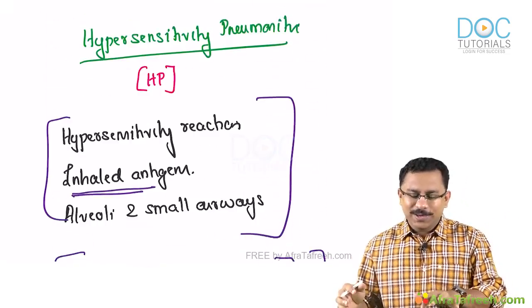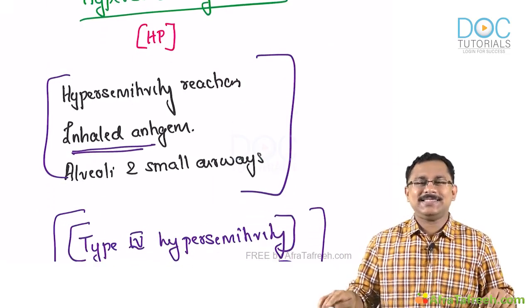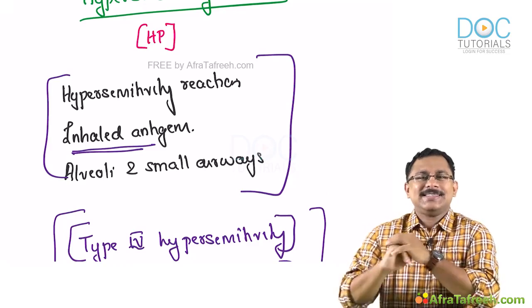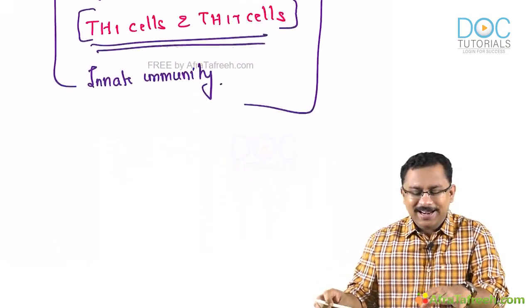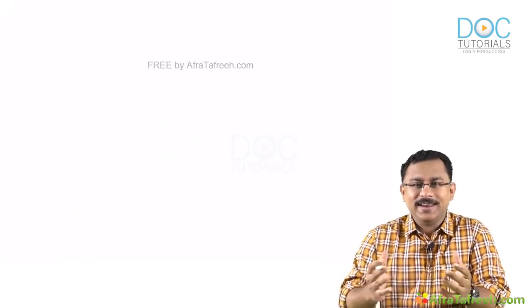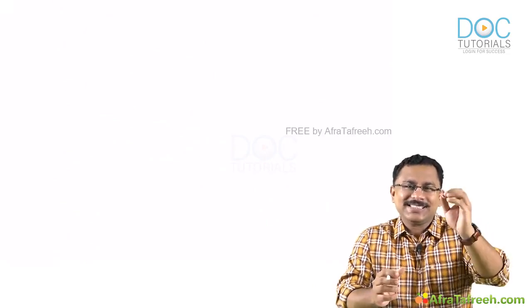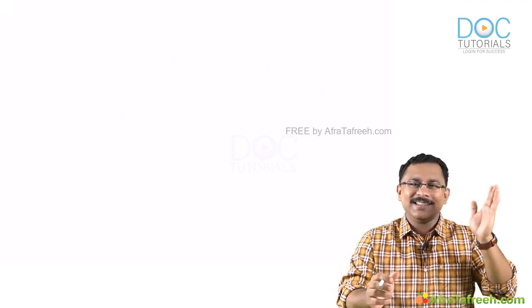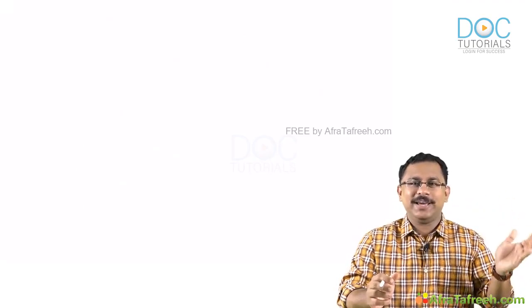But remember, I told you it is against some inhaled antigens. If you ask me, what sort of inhaled antigens? The nature of inhaled antigens can be varied. It is not a single type of inhaled antigen that causes hypersensitivity pneumonitis.